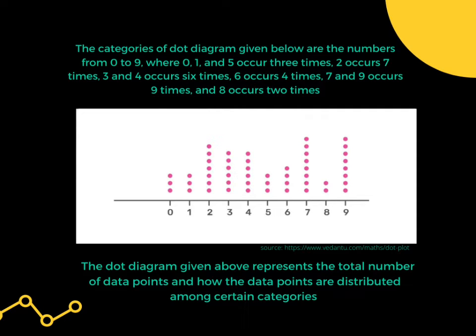The categories of the dot diagram given below are the numbers from 0 to 9, where 0, 1, and 5 occur 3 times, 2 occurs 7 times, 3 and 4 occur 6 times, 6 occurs 4 times, 7 and 9 occur 9 times, and 8 occurs 2 times. The dot diagram given above represents the total number of data points and how the data points are distributed among certain categories.